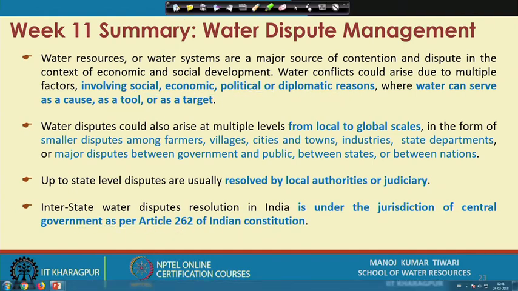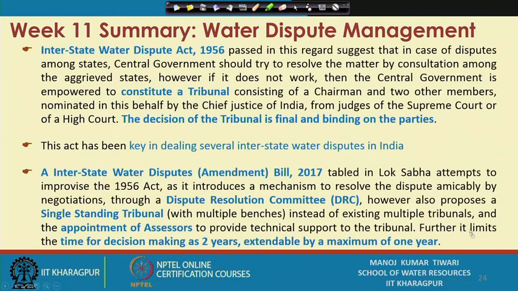The central government passed the Interstate Water Disputes Act in 1956 to consider such disputes. It empowered the government to constitute a tribunal, generally with one chairman and two other members, who could be judges from the Supreme Court or High Court, and the decision of the tribunal was to be final and binding on all parties.